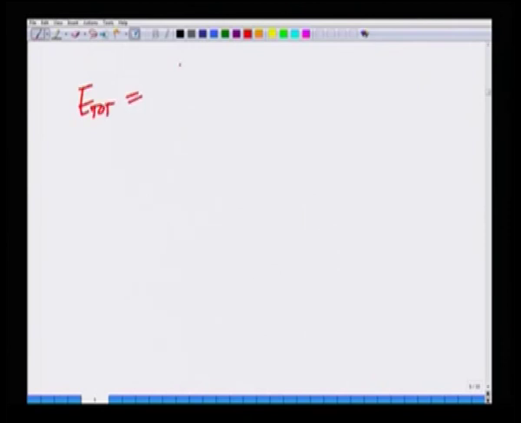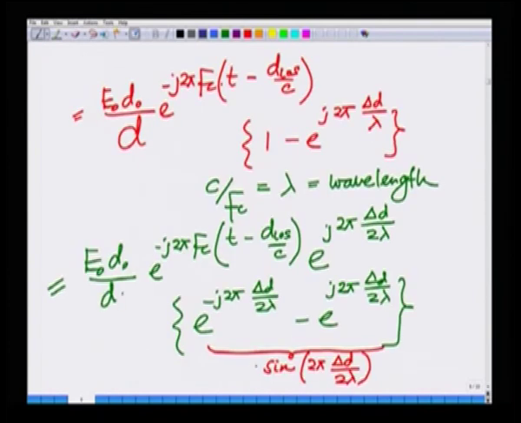Hence, net I can write E total equals, I am sorry, this is of course minus sign.